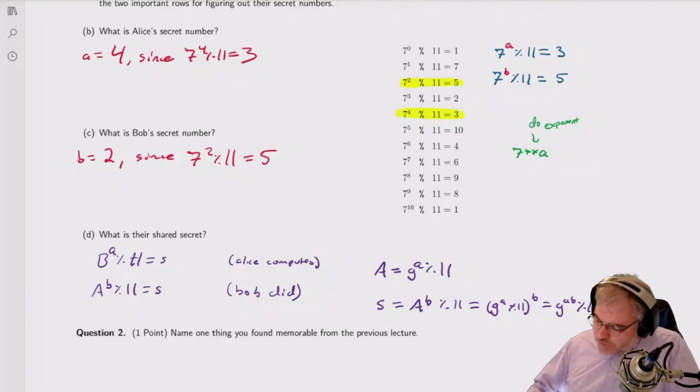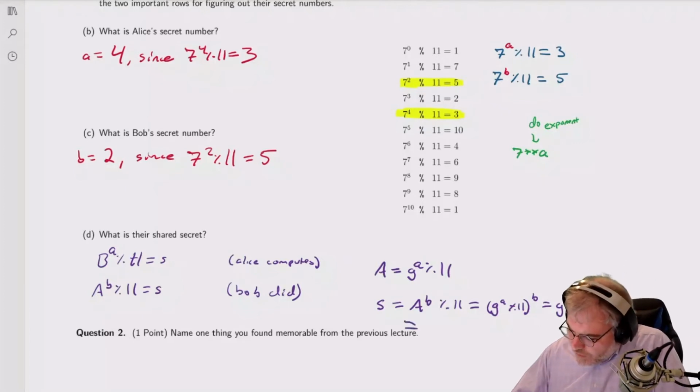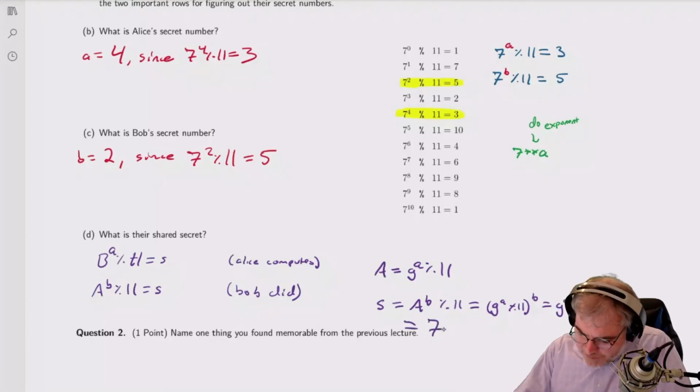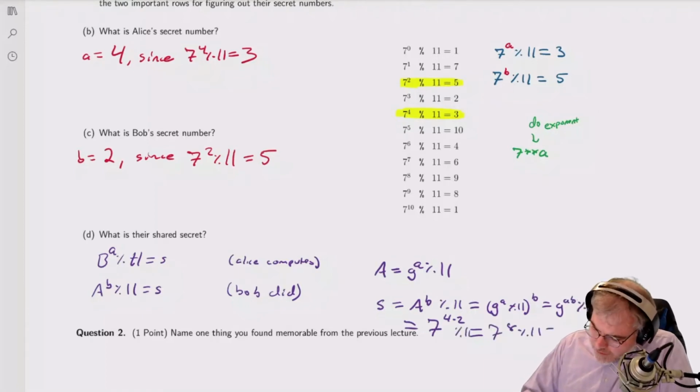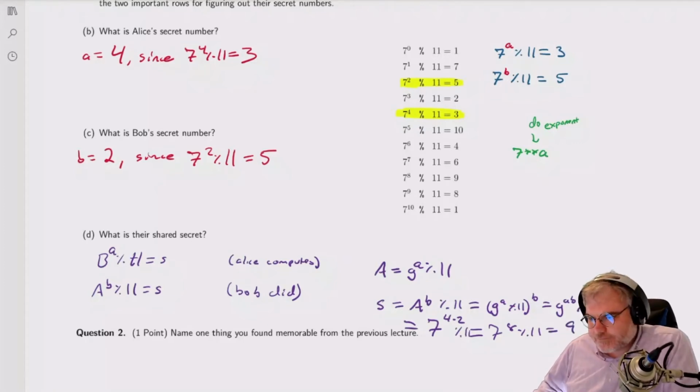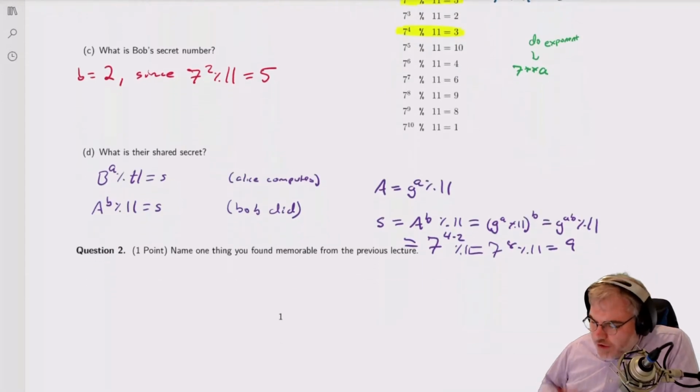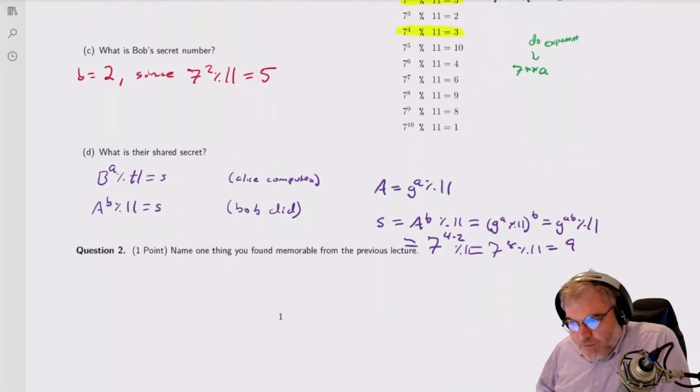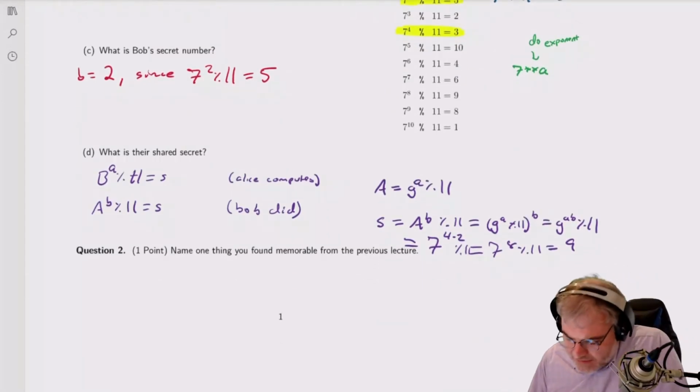So if I do it straight, this is going to be 7 to the AB, 4 times 2, which equals, well, that's 7 to the 8, which equals 9. So I could have done it that way. That's the clever way to do it. Or I could have just done it like Alice and Bob did.